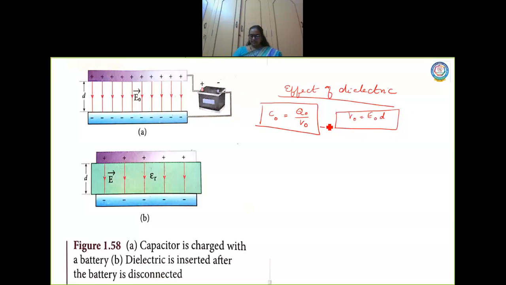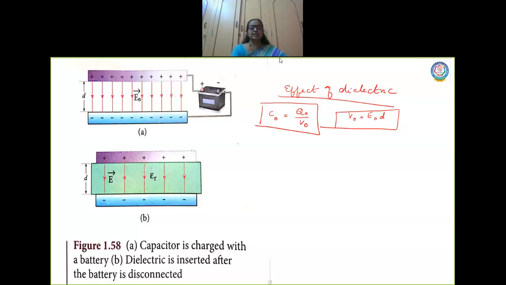Clear, children? Right? Now after you charge the capacitor, the battery is disconnected. Look at the second diagram. There is no battery connected and you have a dielectric which is inserted in between the plates of the capacitor. Now when you introduce the dielectric, what happens to the electric field?